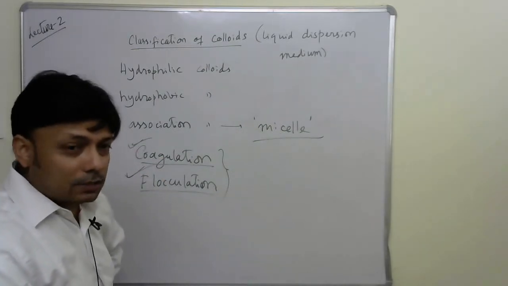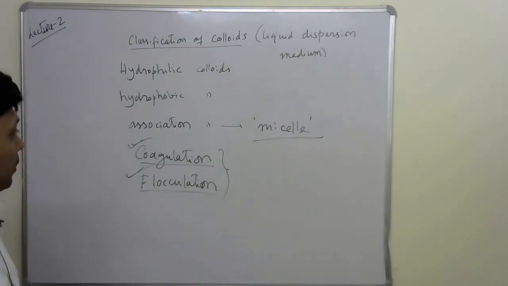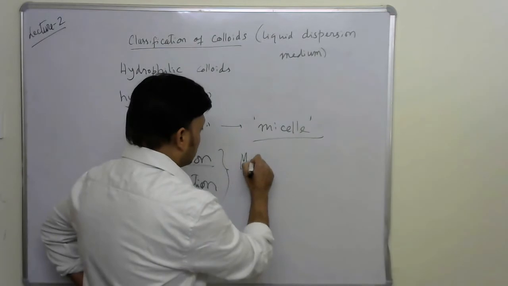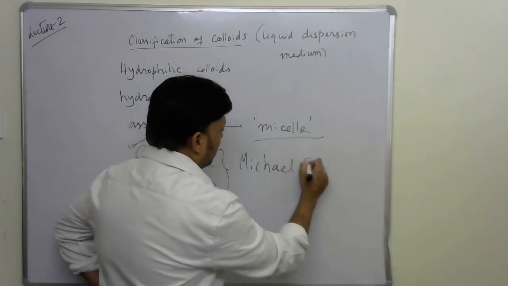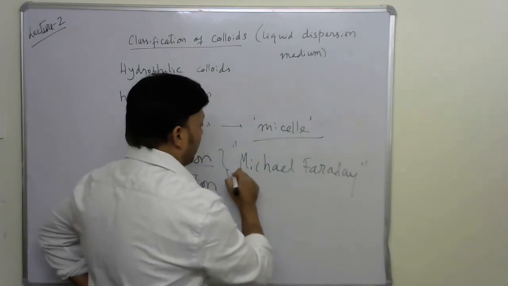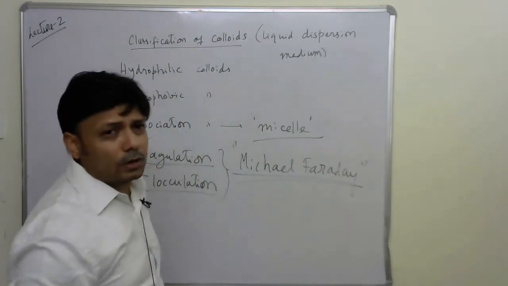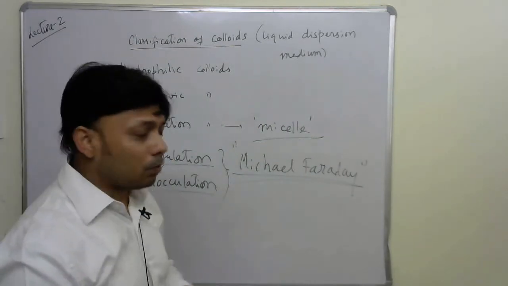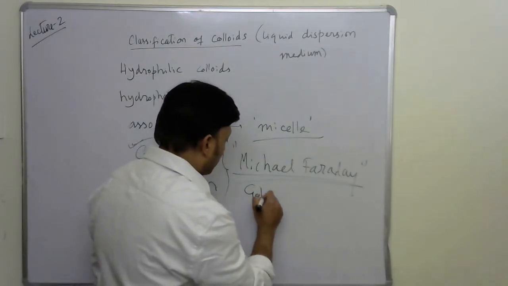On this note, I would like to mention the name of one great scientist. I'm sure you have heard of him. His name is Michael Faraday. His contribution to colloidal science will always remain immortal because he did some fundamental work on gold colloids.